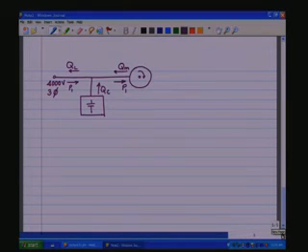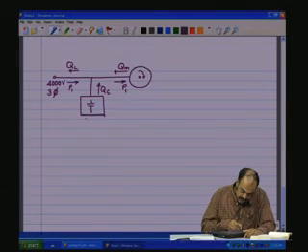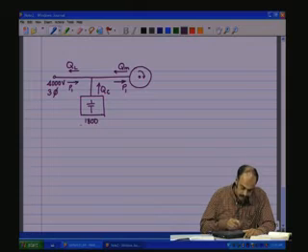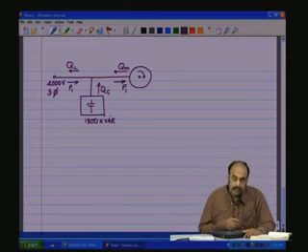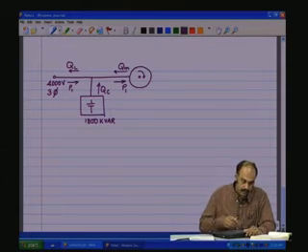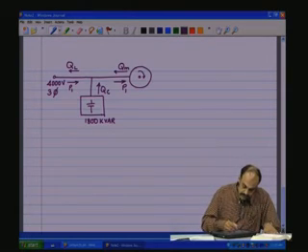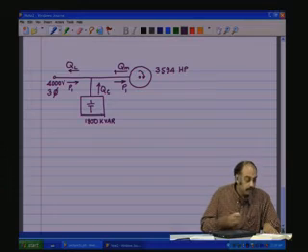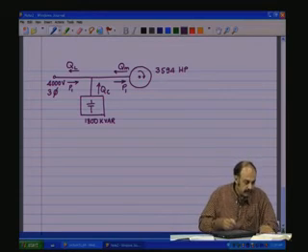Now, let us say that this capacitance network is rated for 1800 kVAR, that is the reactive power, and let us say that the motor is rated for 3594 HP. I am taking it from this book, I will refer to it much later.